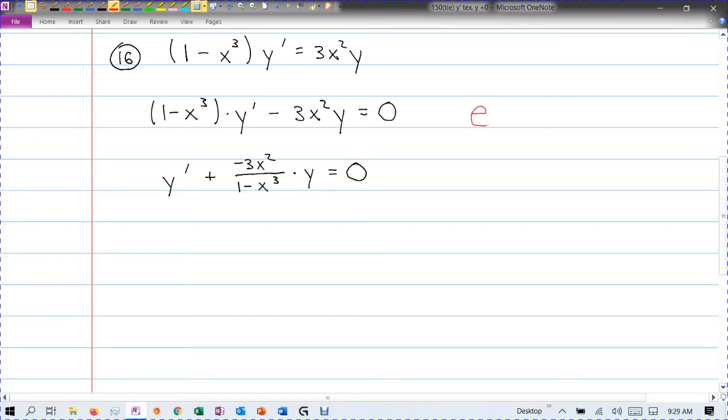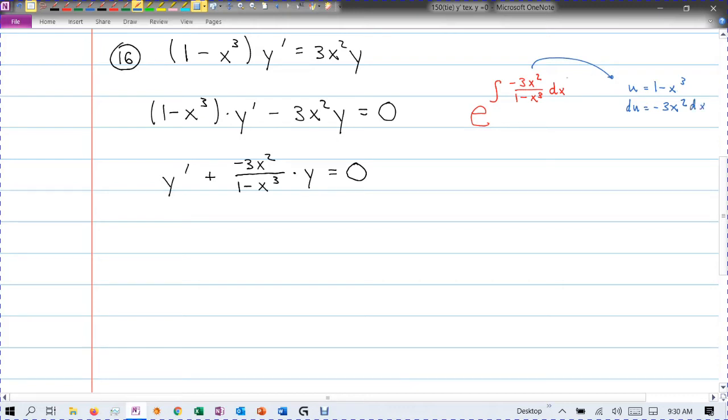So e to the integral of negative 3x squared over 1 minus x cubed dx. If we do this integral on the side, if we let u be equal to 1 minus x cubed, then du is exactly negative 3x squared dx, which is exactly the top.